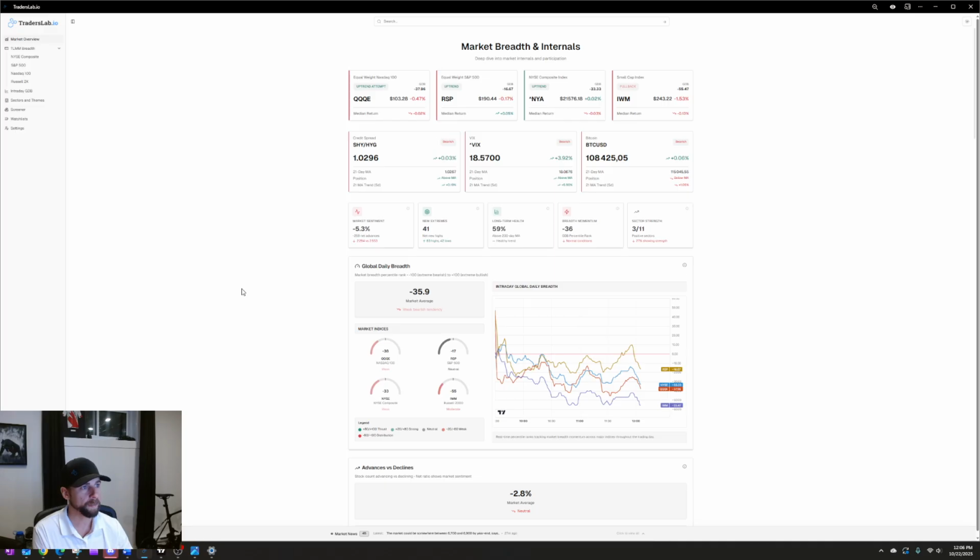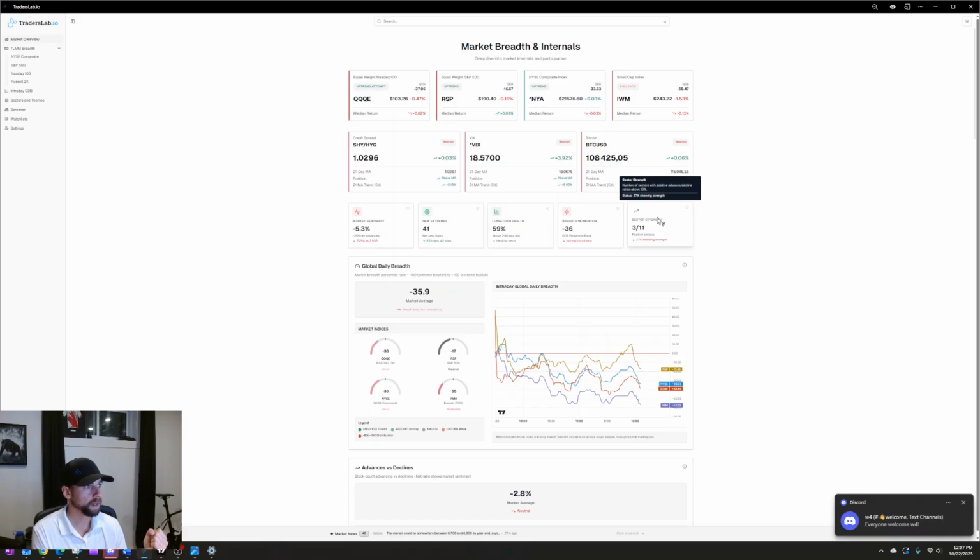That's the whole database, and gives you a quick snapshot of how many advancers and decliners there are, how many new highs and new lows, the stocks above their 200-day moving average, so a bit more long-term health of the market. Momentum, so the current GDB rating aggregated for all the markets, and the sector strength as well. So how many positive and negative sectors there are on the current day.